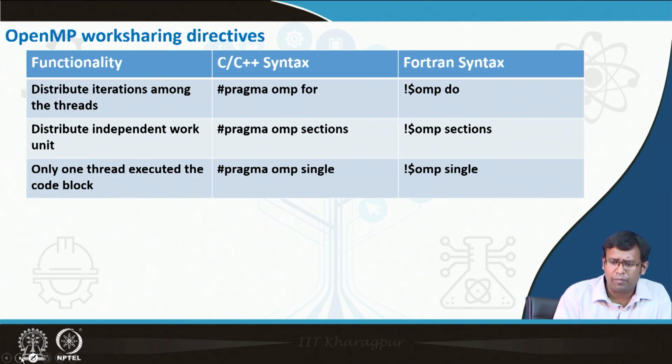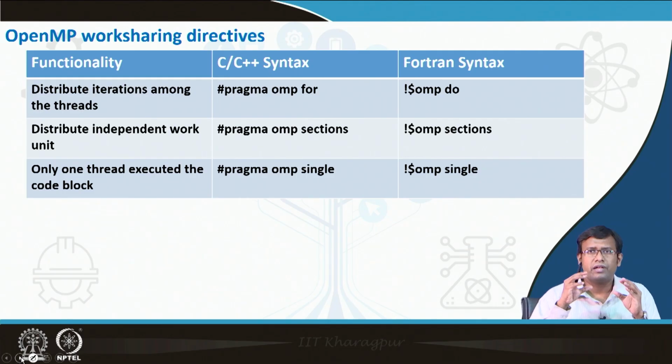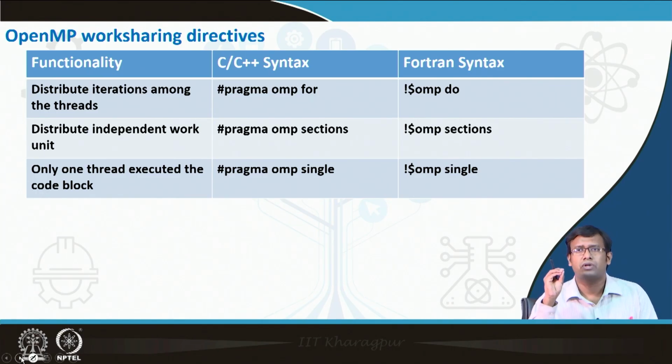We can use pragma omp sections and define different sections, and each section will take care of one part of the job. Then we can use pragma omp single if only one thread has to take care of that part.